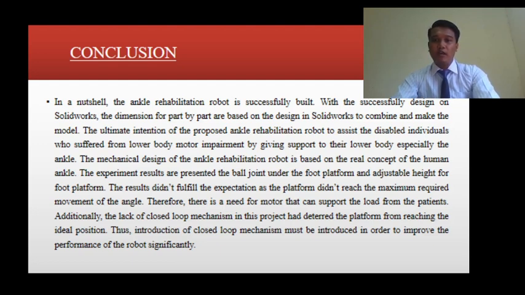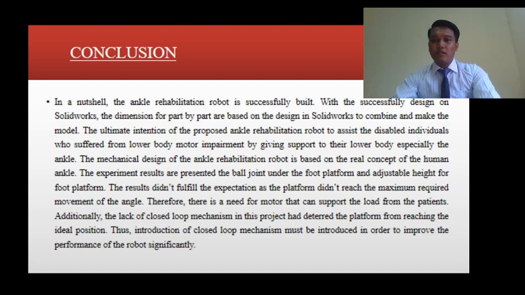The mechanical design of the ankle rehabilitation robot is based on the real concept of the human ankle. The experiment result presented the ball joint under the foot platform and adjustable height for the foot platform. The result didn't fulfill the expectation, as the platform didn't reach the maximum required movement of the ankle.